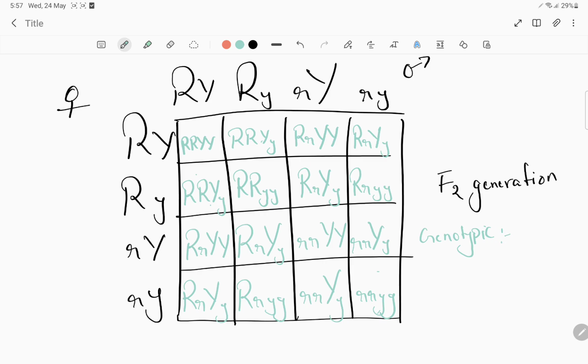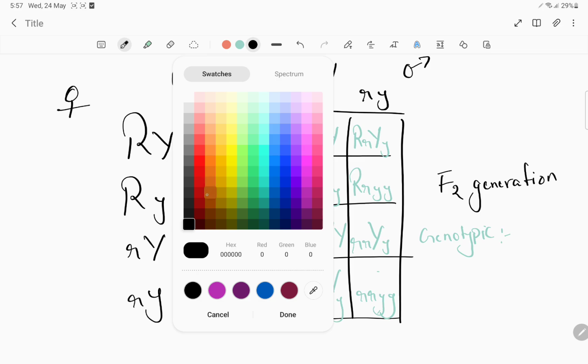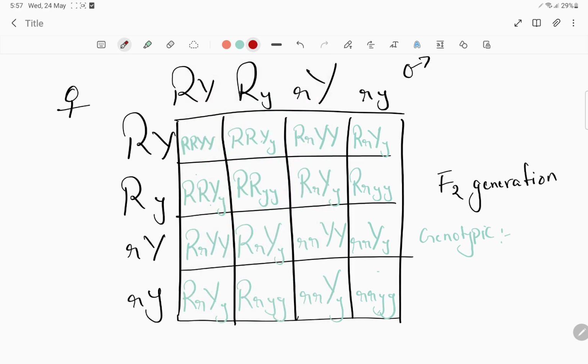Let's see the genotypic ratio. Let's see if there is any other of this type. No, only one. So this is 1.